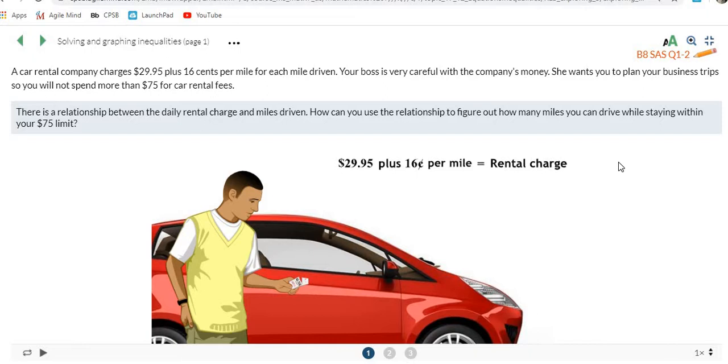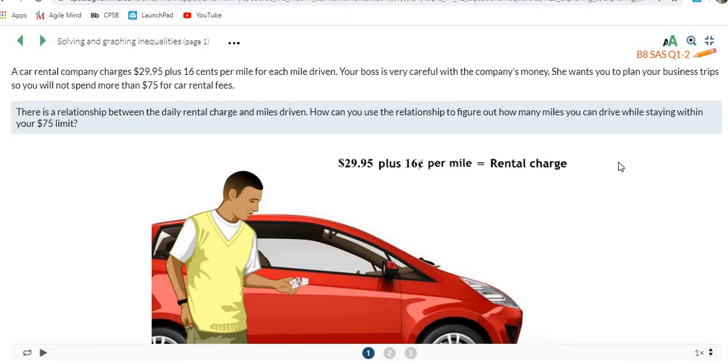My boss is very careful with the company's money and does not want me to spend more than $75 ever for my travel expenses. So I want to do what my boss wants me to do, right? I don't want to get in trouble and get fired.